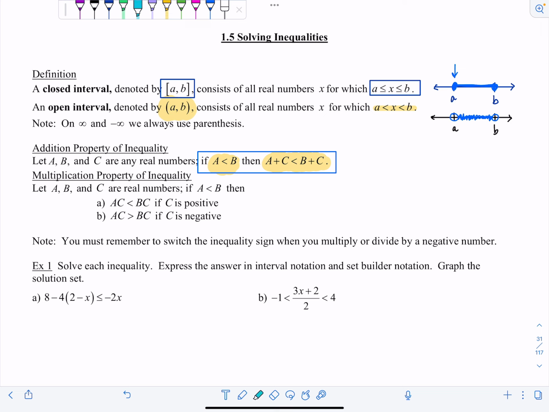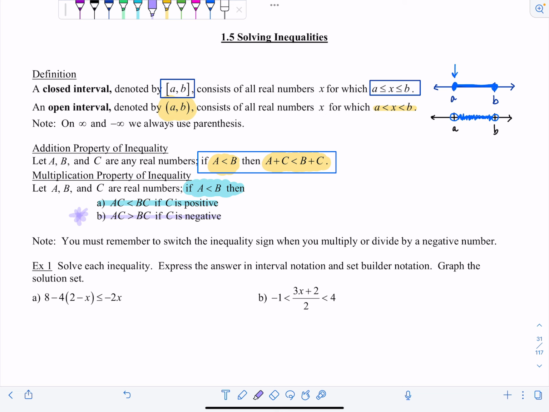If you start off with the inequality a is less than b, then if you multiply both sides by a positive number, everything stays the same. a times c is less than b times c. If you multiply or divide by a negative number, you have to reverse the direction of the inequality sign. a times c is greater than b times c if c is negative.